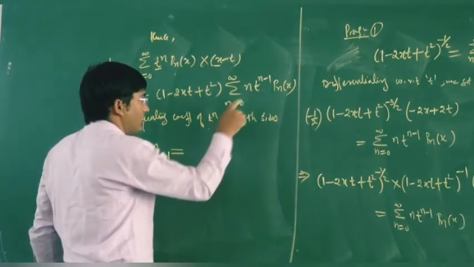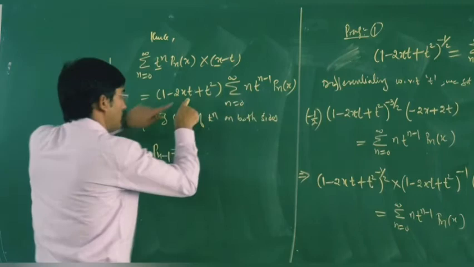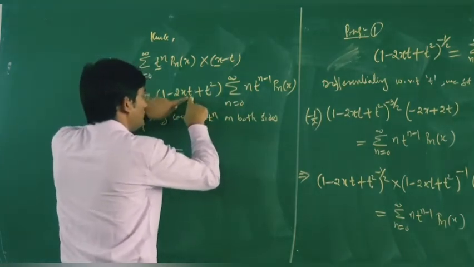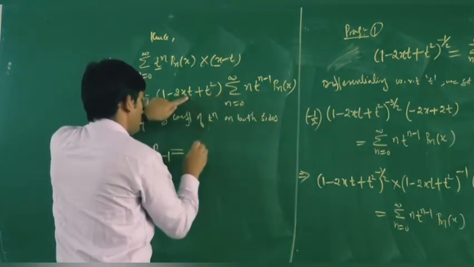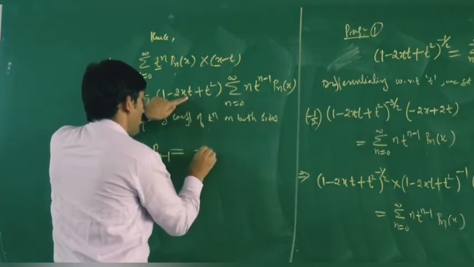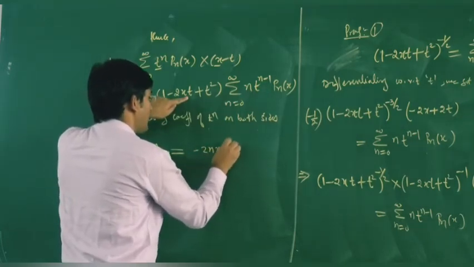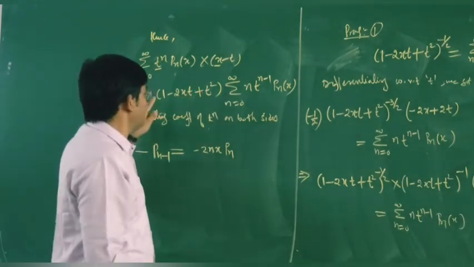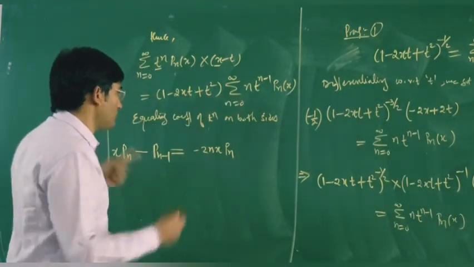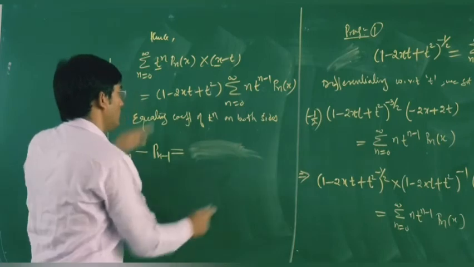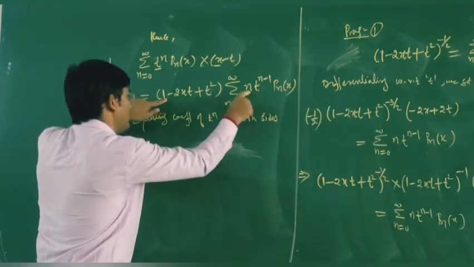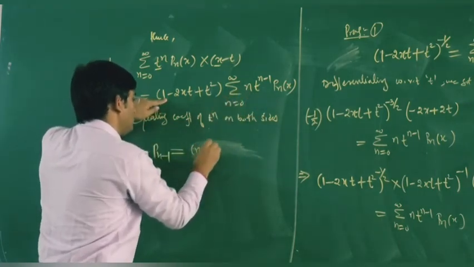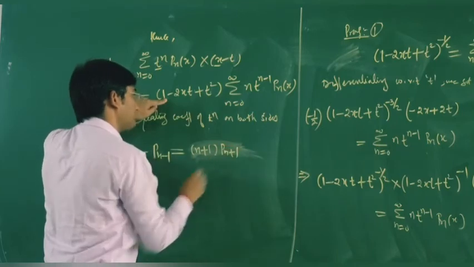Now in the right hand side, the coefficient of t power n will be equal to, now multiply this term to this term, so we have minus 2nx into Pn. Now if you multiply this term to this term, then we are getting t power n minus 1. So replace your n by n plus 1. So we have n plus 1 into Pn plus 1.